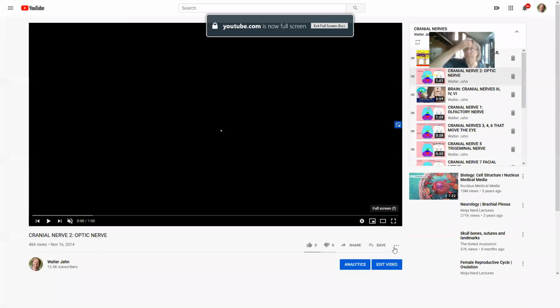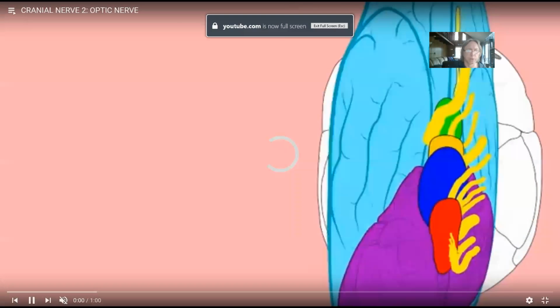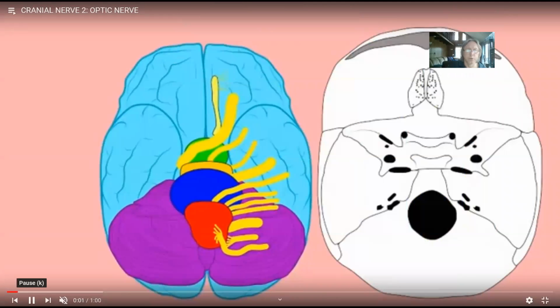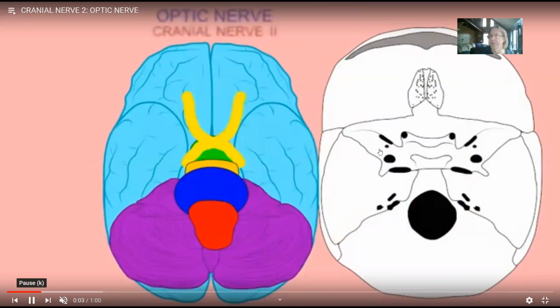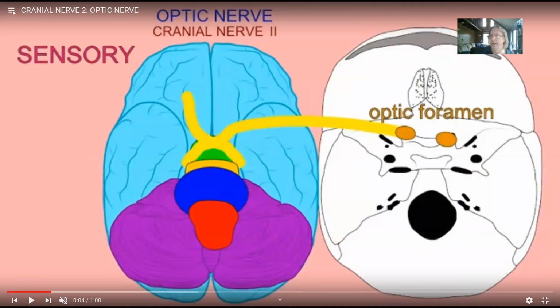The olfactory nerve would be cranial nerve 1, the optic nerve is cranial nerve 2, but then there's lots of other things that you can memorize. And here's that cribriform plate of the ethmoid bone, and all of those little holes would be where those olfactory nerves pass.